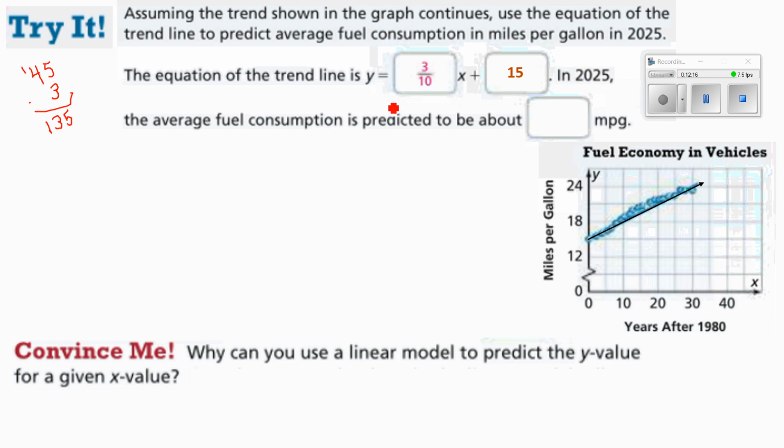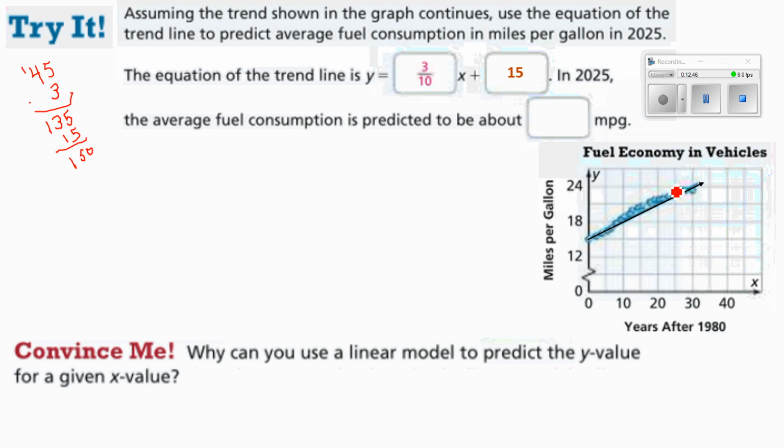And then we have to add that to 15. So that's going to give us 150. All right. So we can predict to consume about 150. The average fuel consumption is predicted to be 150 miles per gallon.